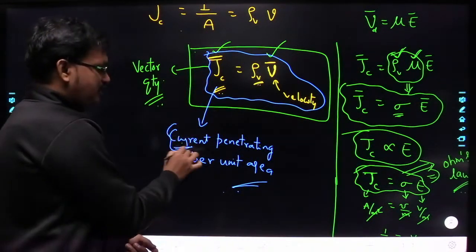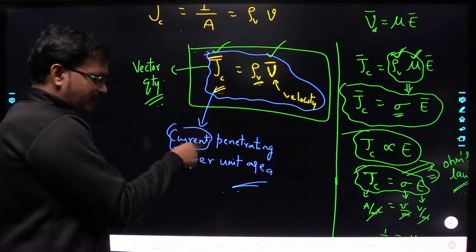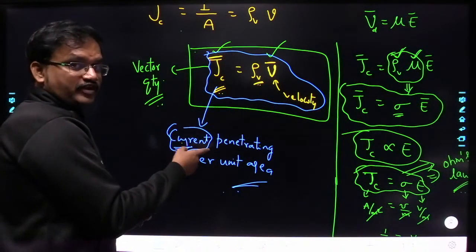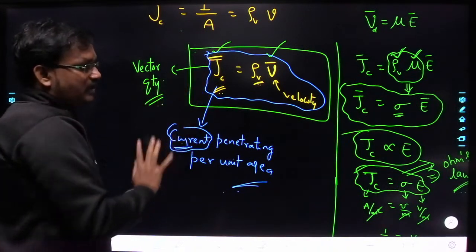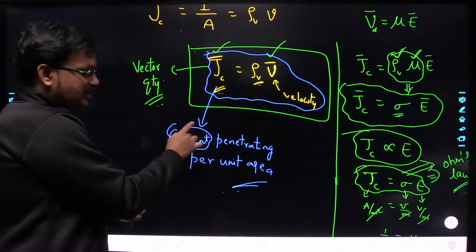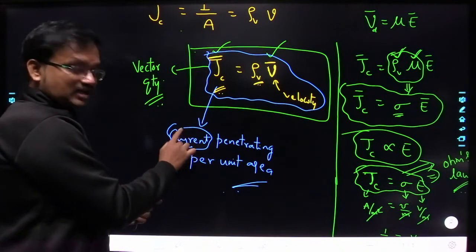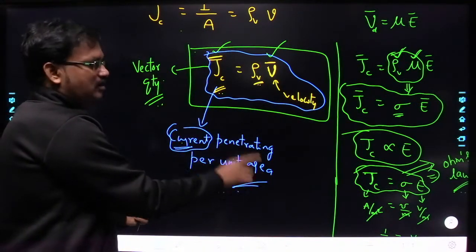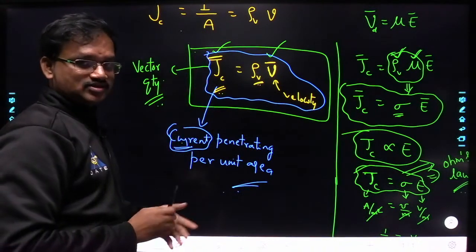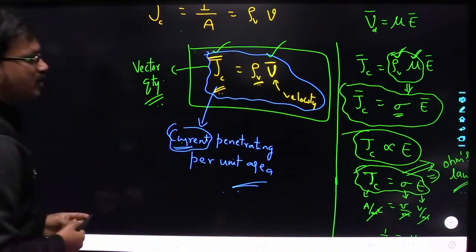Current means the number of charge carriers that are penetrating through a surface per unit time. That is called current. What do you mean by current density? The number of charge carriers that are penetrating through a surface per unit time per unit area is called current density. Understood?